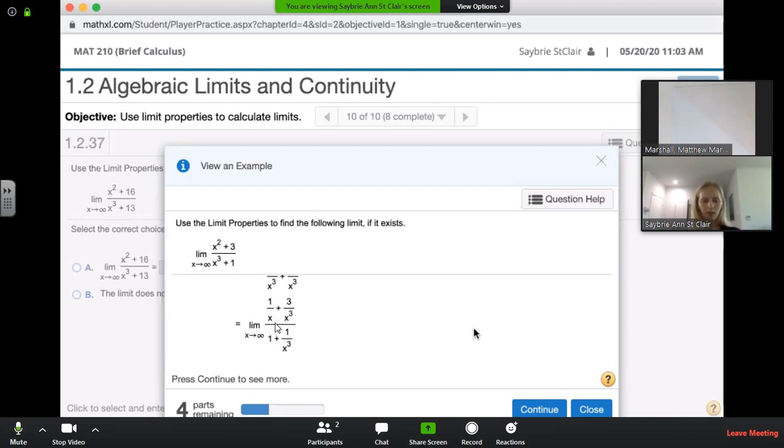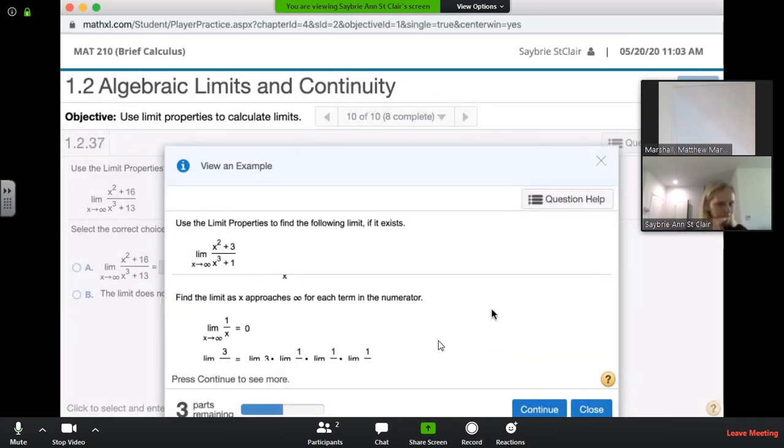And I don't know if that makes sense, but that limit x approaching infinity means you're plugging in numbers into those x that just keep getting bigger and bigger, like infinity wise, so those fractions turn into 0, if that makes sense. So you could hit continue if you want. Alright, you go down a little bit.